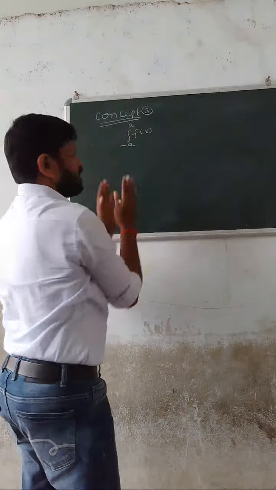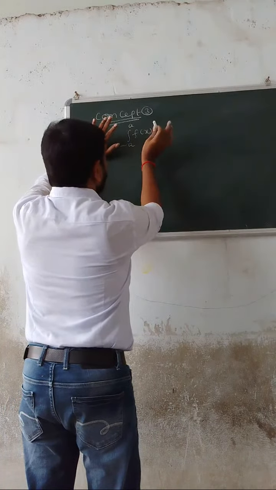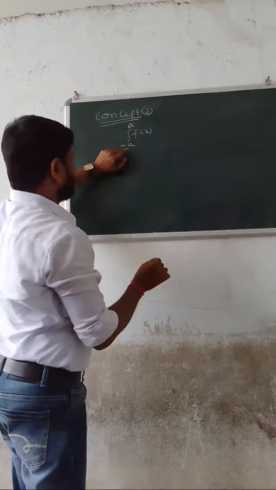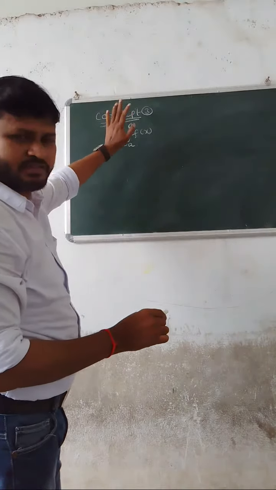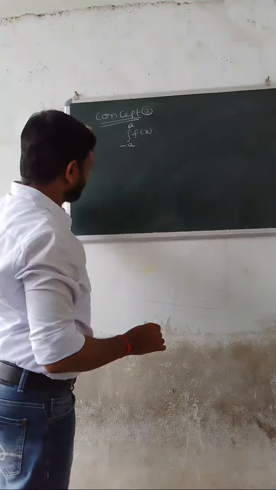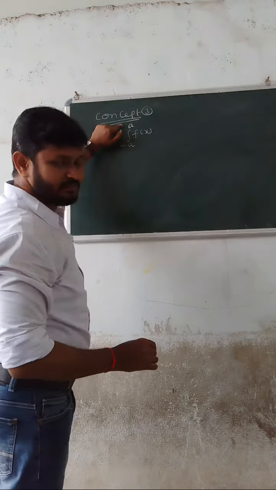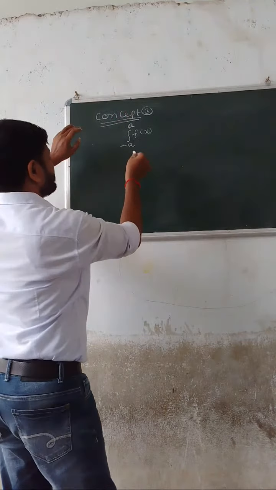Minus a to a, that is, if the limits are negative to positive, for every question except modulus, if the limits are minus a to a, we have to ask two questions.